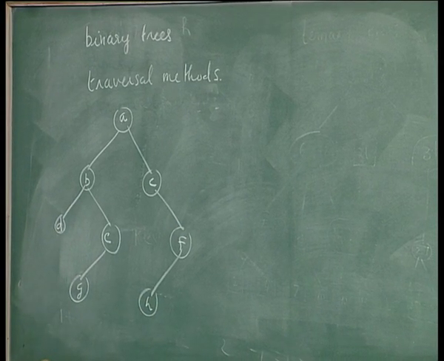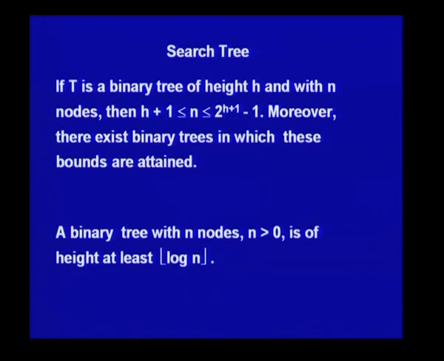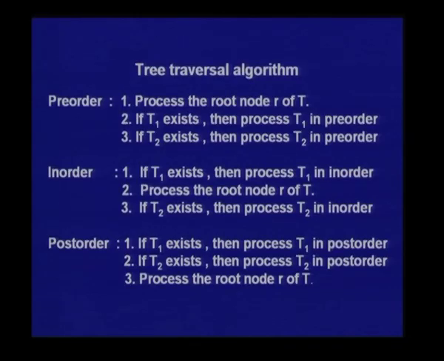There are 3 methods in which you can traverse the nodes. One is called the pre-order traversal, another is called the in-order traversal, and third is called the post-order traversal. In the pre-order traversal, process the root R of the T, then if the left subtree exists, then process T1 in pre-order, and if T2 exists, then process T2 in pre-order.